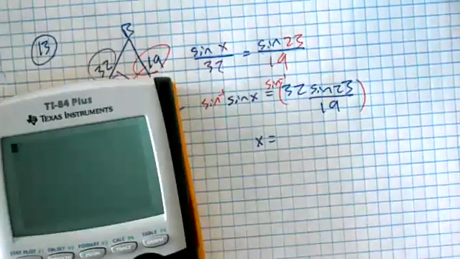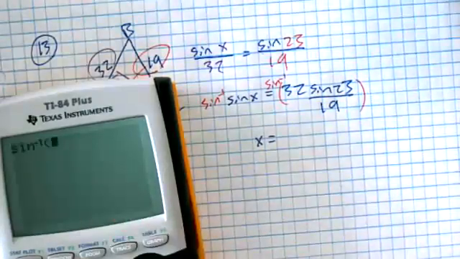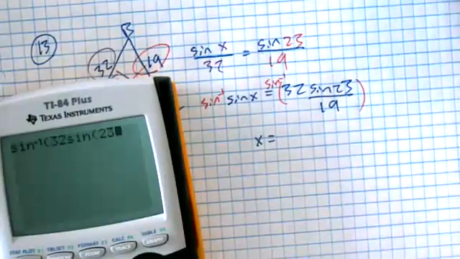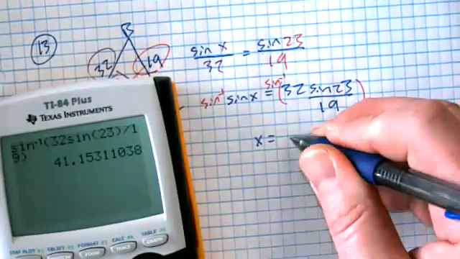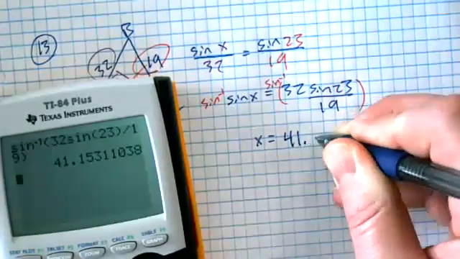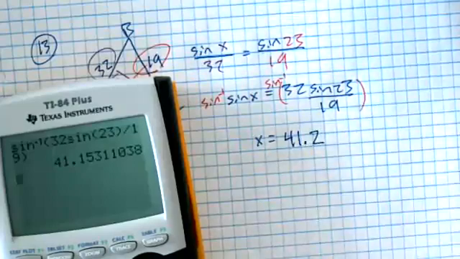I'm going to my calculator, typing it in. Oh my gosh, this one has a decimal in it. I'm getting 41.2.